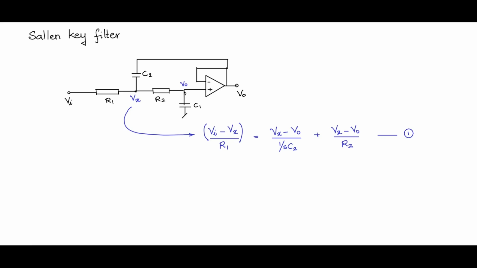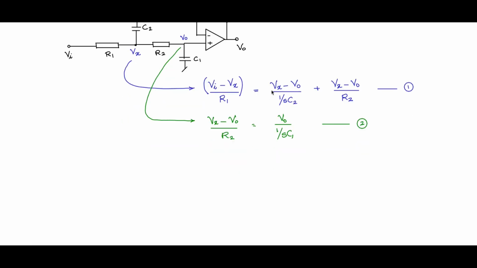Another equation: you can apply KCL at this point. Here the current into the plus terminal is 0, so the current in the R2 branch and the current in the C1 branch will be equal. Therefore (Vx - V0)/R2 should be equal to V0/(1/SC1). This is the second equation. So you have two unknowns, Vx and V0, and two equations, and therefore it is possible to solve.